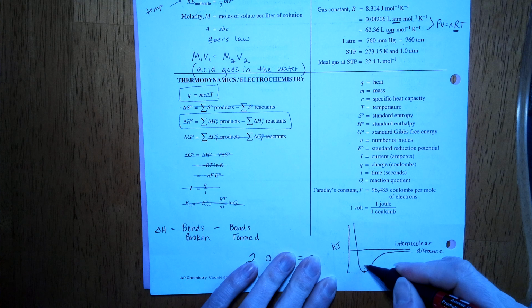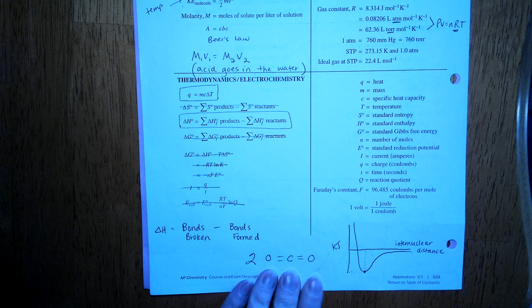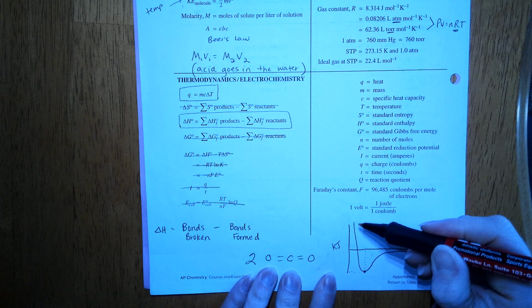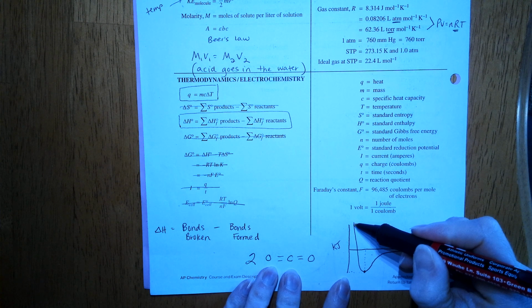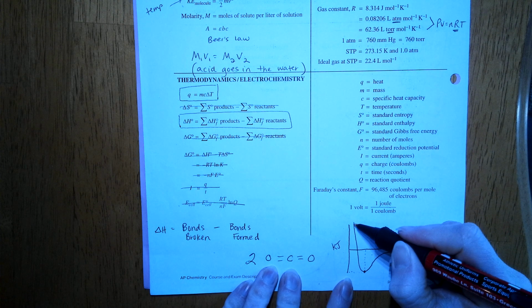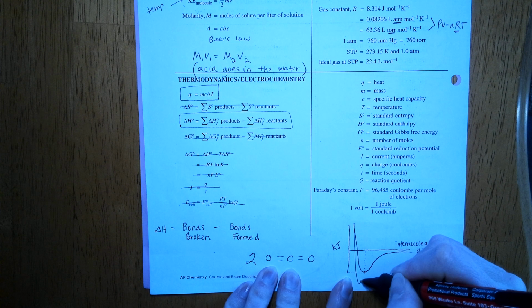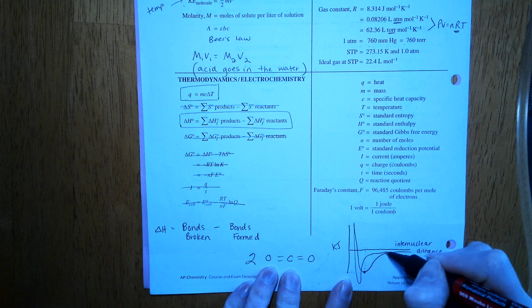And then if I follow it over, this would be the internuclear distance, the distance where I can maximize attraction and minimize repulsion. But I could also use this graph in reference to single bonds, double bonds, triple bonds. If I had a double bond or a triple bond, I'd have a shorter internuclear distance, but I'd be releasing more energy.